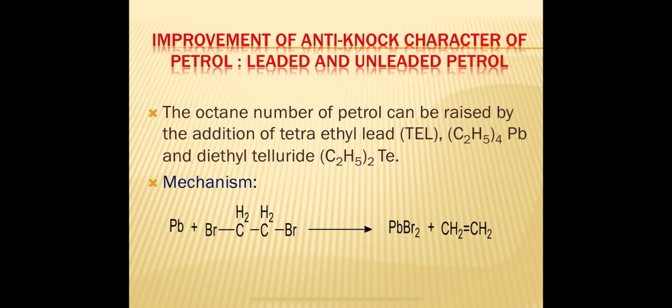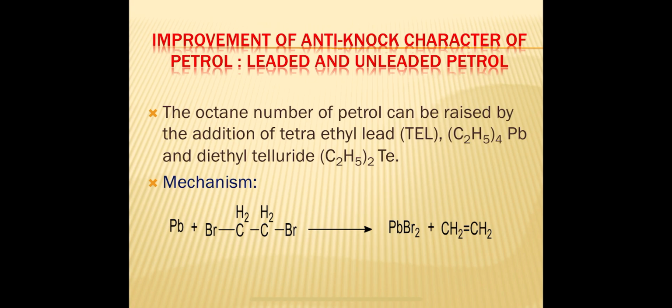For example, in motor petrol, which we use for motors, about 0.5 ml, and in aviation fuel 1 to 1.5 ml of tetraethyl lead is added per liter of petrol. How is it added, and how does the reaction take place?